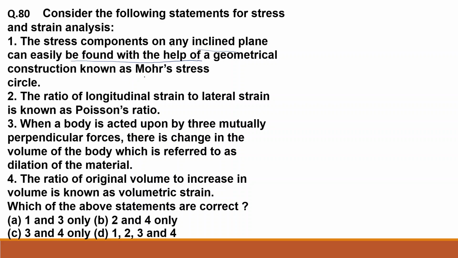This statement is absolutely right, because the Mohr stress circle is the geometrical construction related to this. Option number A is right, and option number 2: the ratio of longitudinal strain to lateral strain is known as Poisson's ratio.